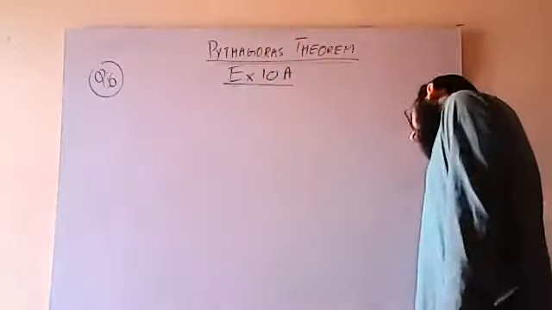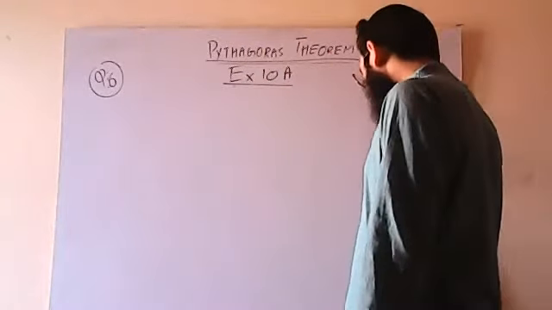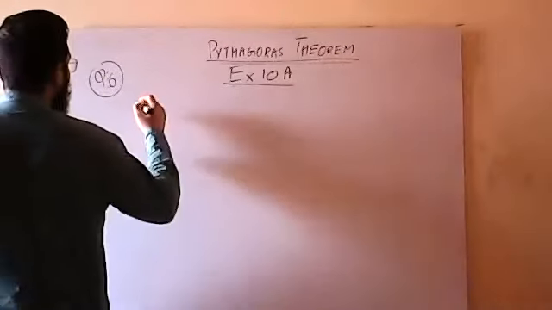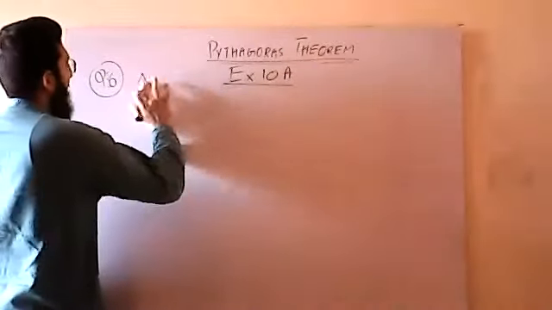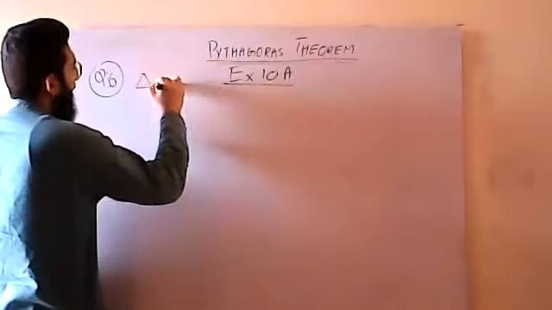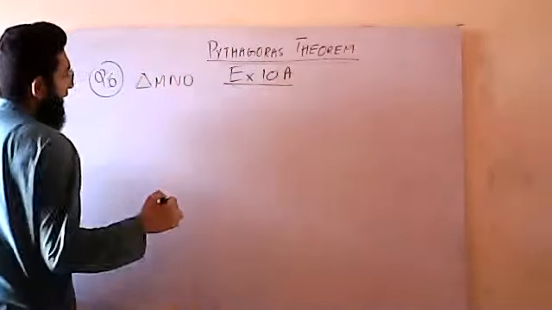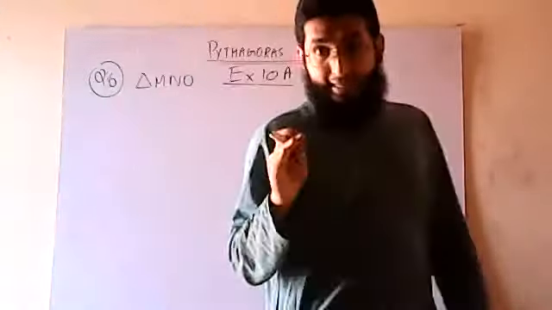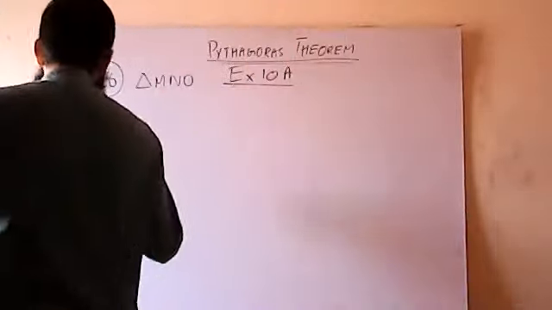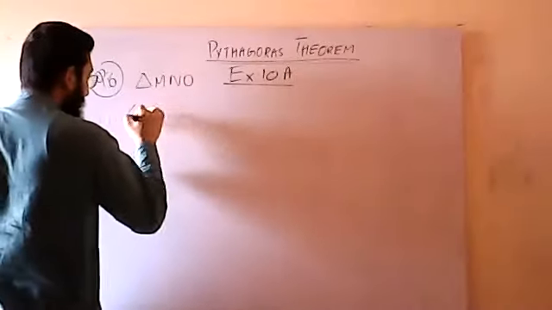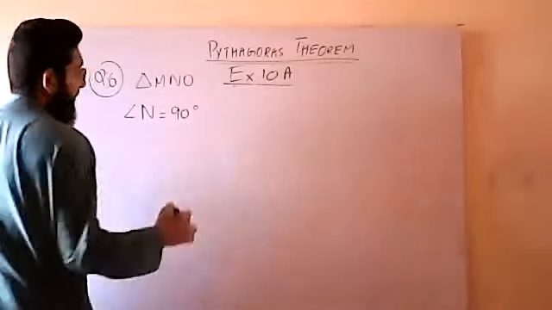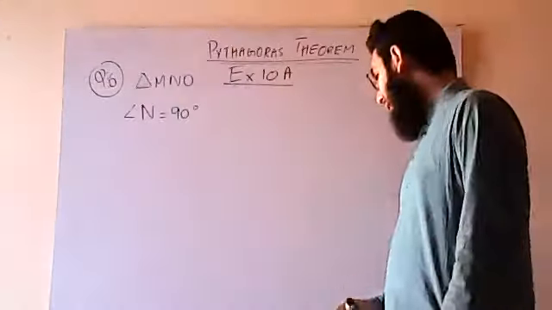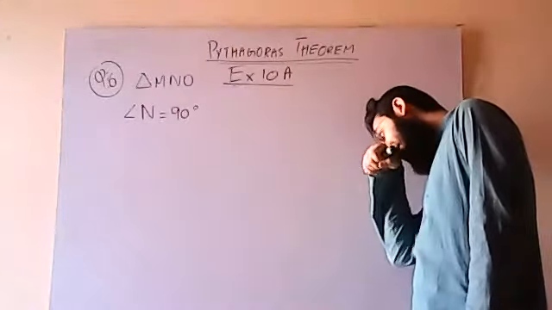He is asking me about a triangle MNO. Triangle MNO is right angled at N. He is telling me that it is right angled at angle N, so angle N is 90 degrees.